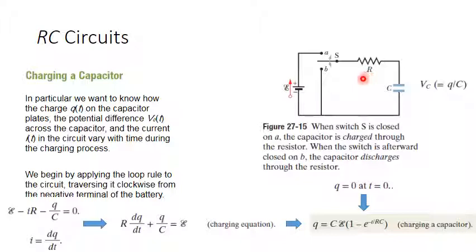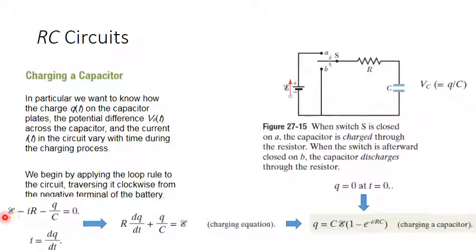So according to Kirchhoff voltage law, at any moment, the total potential in this closed loop should equal 0. The total potential can be calculated as the potential of the EMF device, minus the voltage drop across the resistance, which equals I multiplied by R, minus the potential difference on the capacitor, which is Q over C.